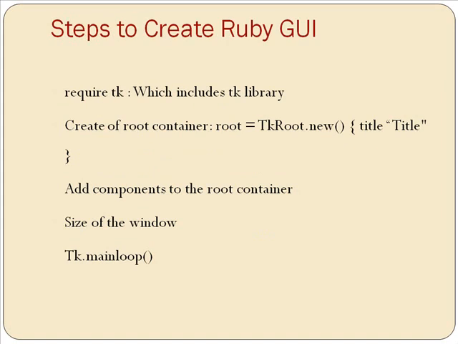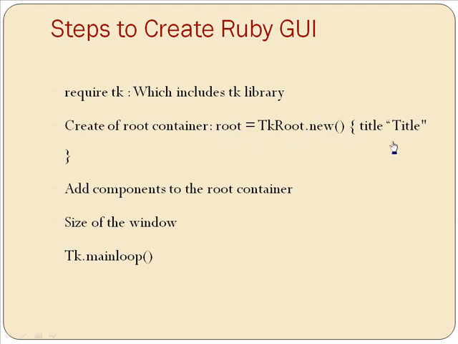Here are the steps to create a Ruby GUI. First, we need to require TK, that is, include the TK library. Then the first step is to create the root container. To create it, we use this line of code: root equals TkRoot.new, which creates the instance, and then you provide whatever title you want.